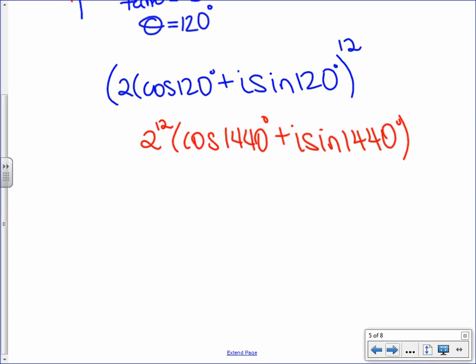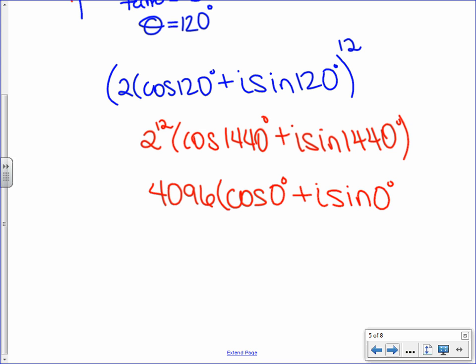What's 2 to the 12th? And our coterminal angle: 0.